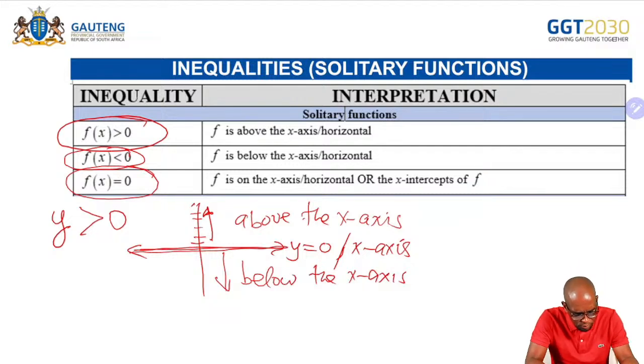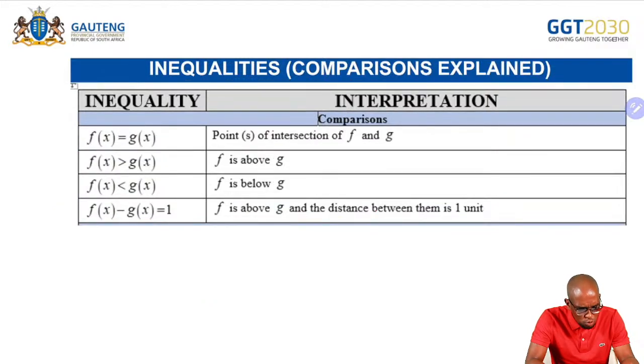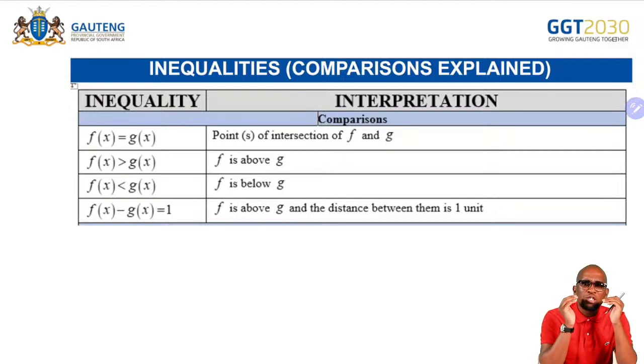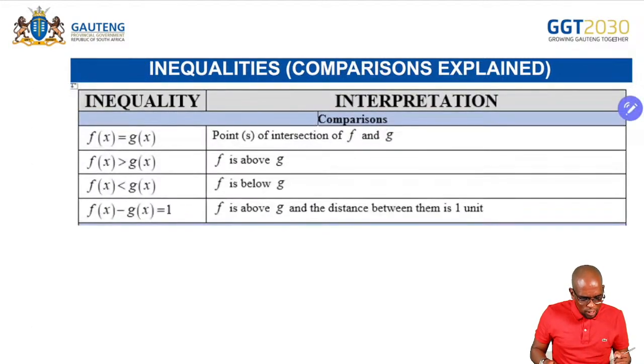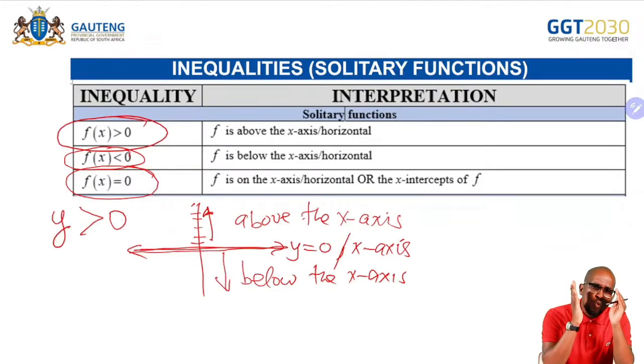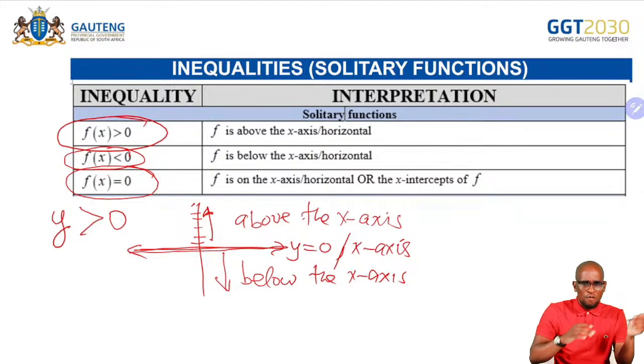Right. Now we go to inequalities, comparisons. Now we are going to be looking at two or more functions that are sketched on the same set of axes. Remember, here we were looking at only one function on its own in its set of axes.